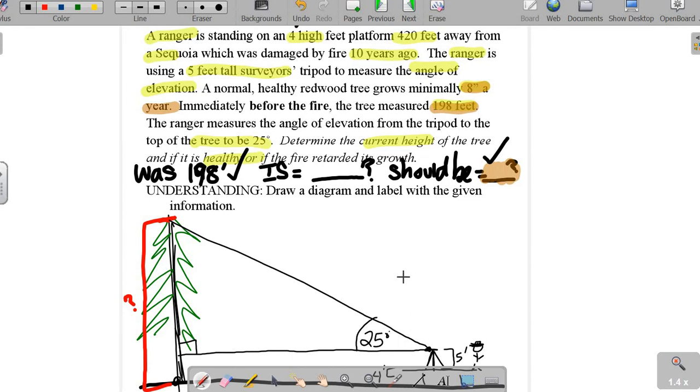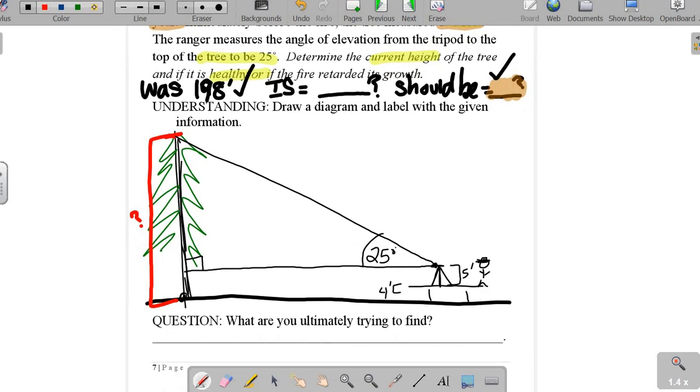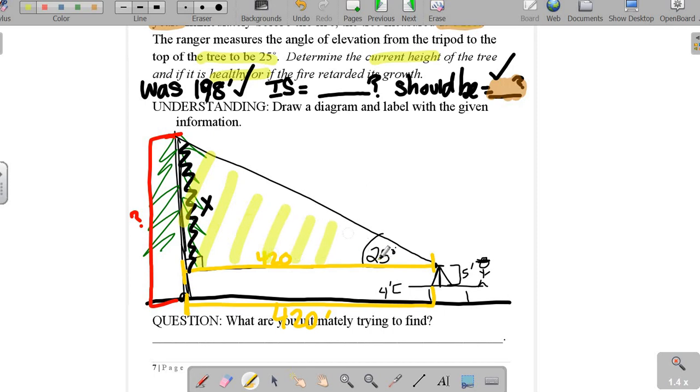And that platform is 420 feet away. So this distance is 420 feet. So this distance right here is the same, 420 feet. Now, when you're working this problem, realize that you're going to be solving for this black squiggle X inside this triangle, but that is not your final answer.